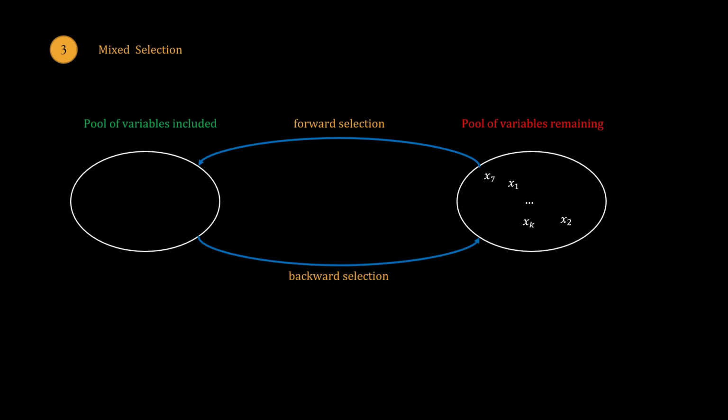So let's say that x3 and x4 are currently included in the model. Now let's say x7 got added via the forward selection step. And x3, which was already included, became insignificant, so it will be discarded as part of the backward selection step.